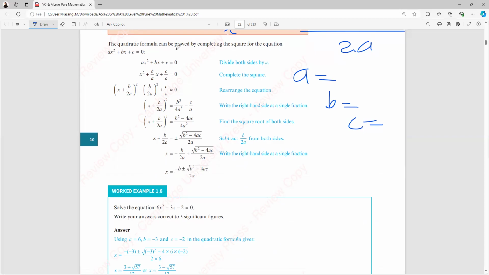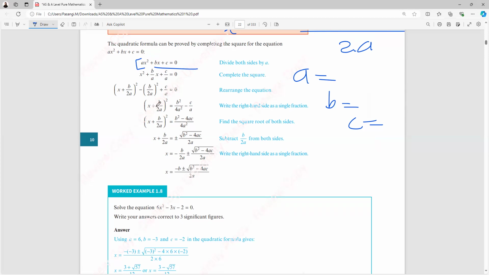So, if I roughly tell you what you have to do, you have to make it a complete square. Because of A levels, we'll just go through this one as well. Here we have ax squared plus bx plus c. Now we need to make this coefficient 1. If we make this coefficient 1, then it becomes x squared plus b over a x. Then you need to make it a complete square. Rearrange the equation.